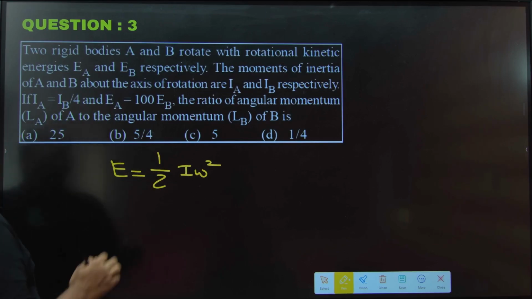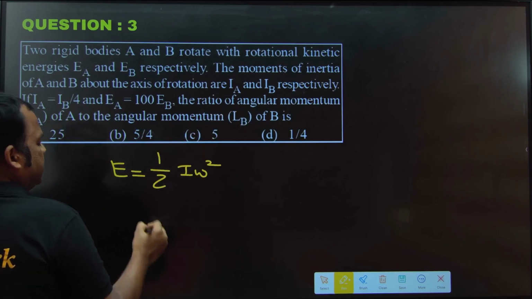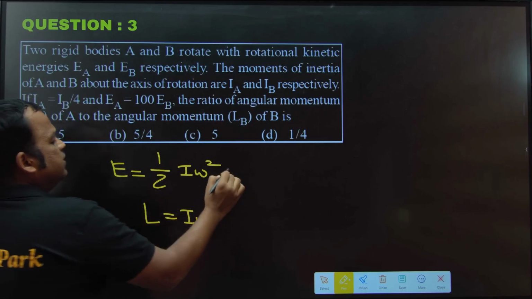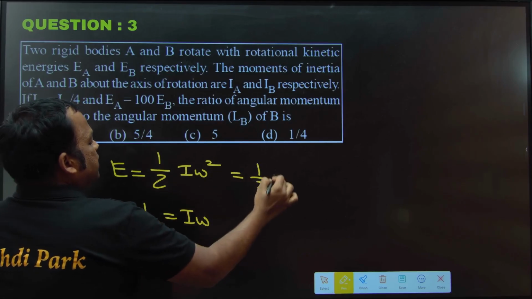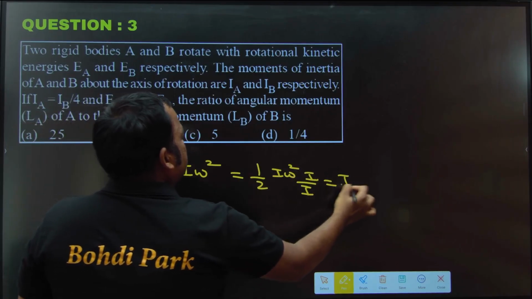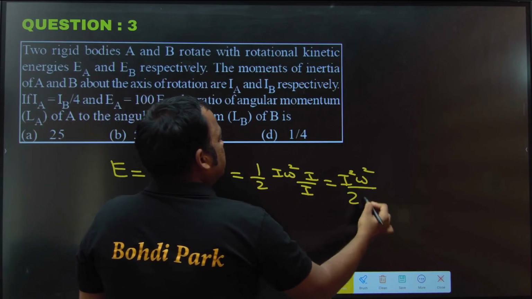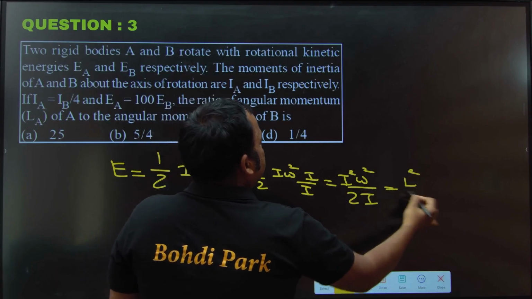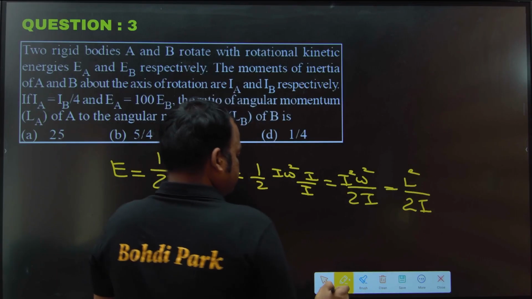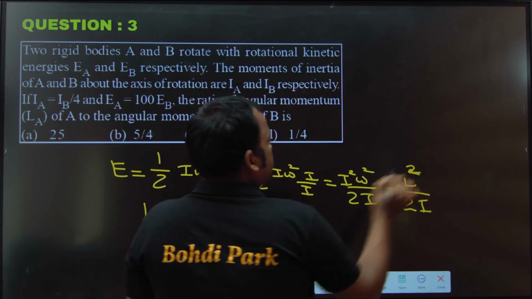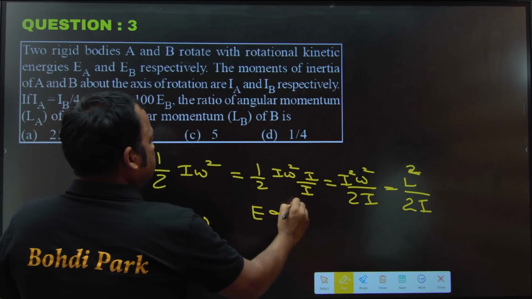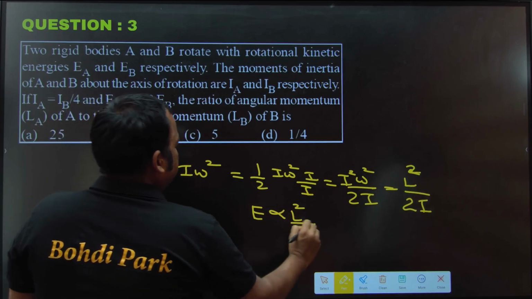And in terms of angular momentum, we can say angular momentum is equal to I omega. So if you multiply and divide by I, this will become I square omega square by 2I. So L square by 2I.